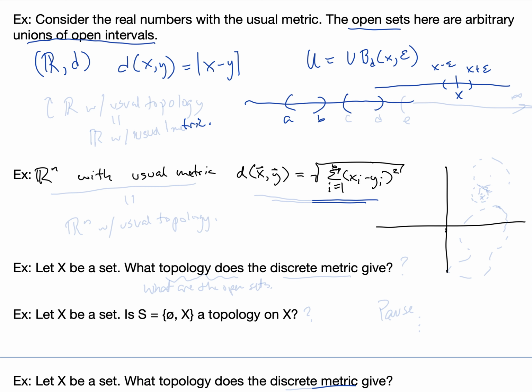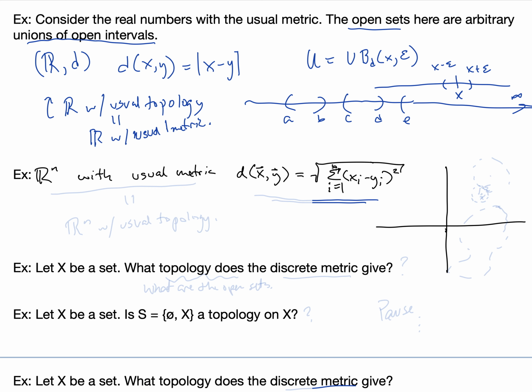So we just have open intervals, whatever type we want, a to infinity, etc. And unions of things of that form are going to be open sets. These are the members of the topology on X, and this can be considered the real numbers with the usual topology, as well as the real numbers with the usual metric.